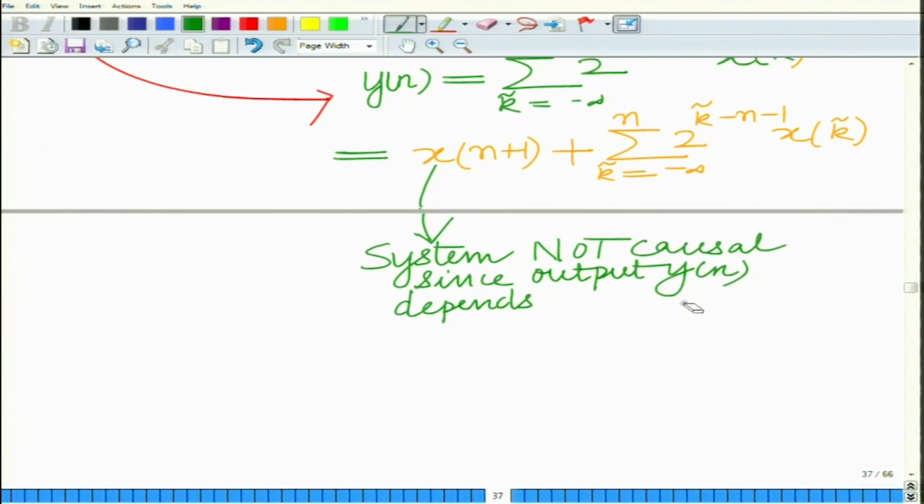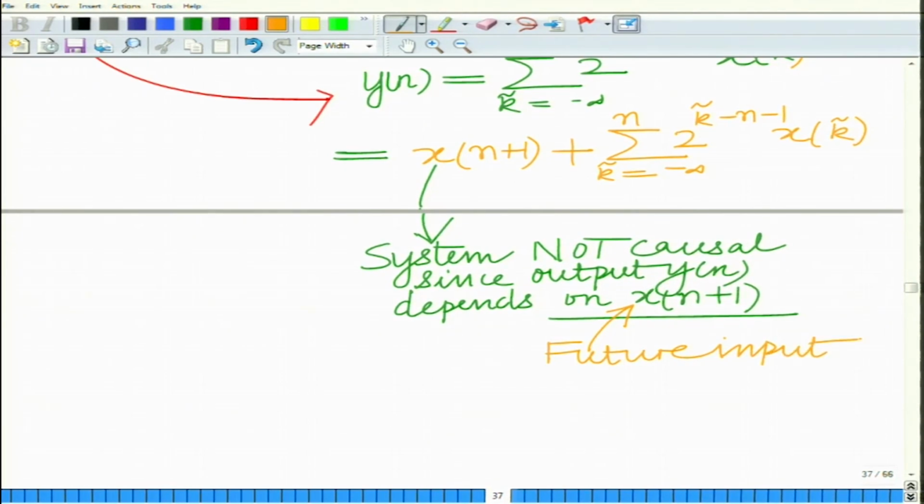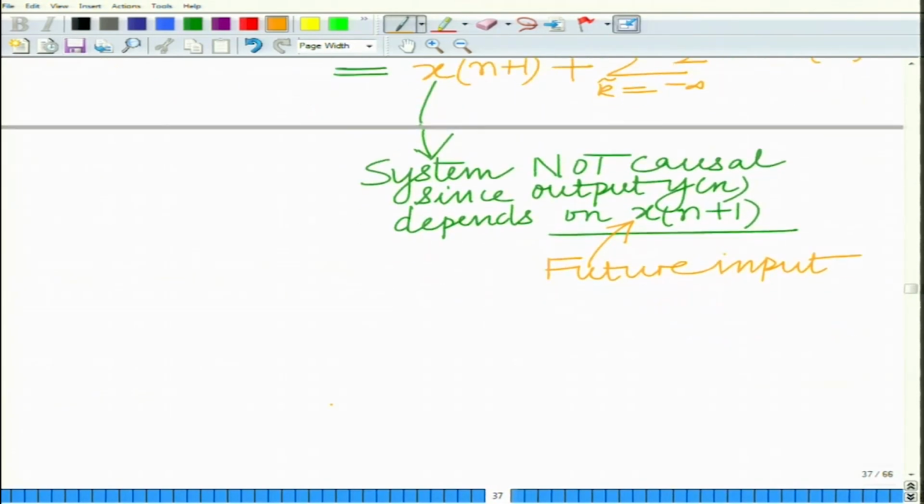This is an input at a future time instant n plus 1, so this is not causal.